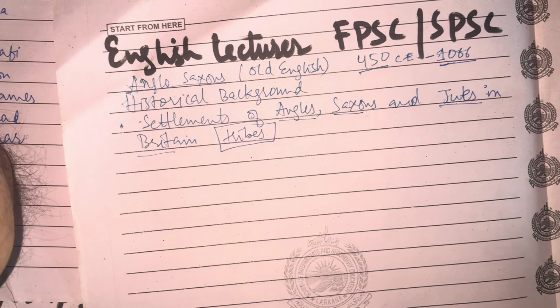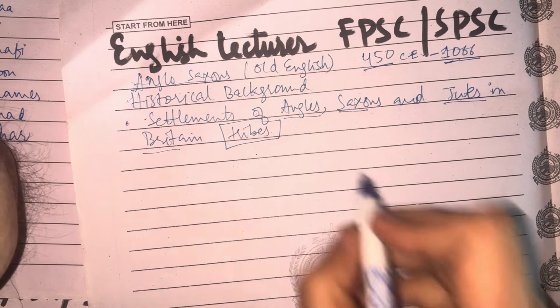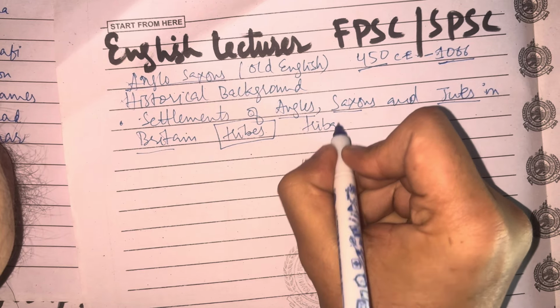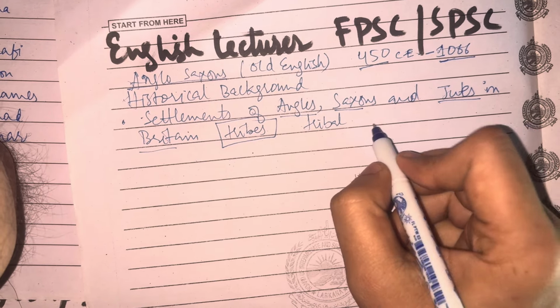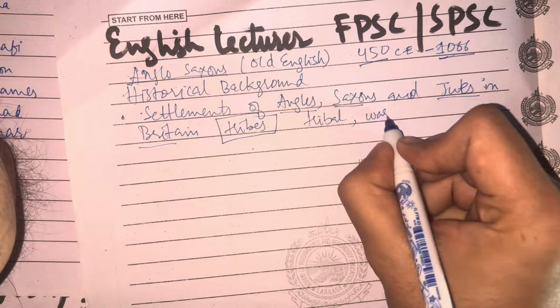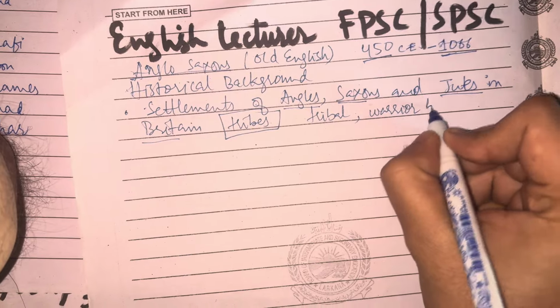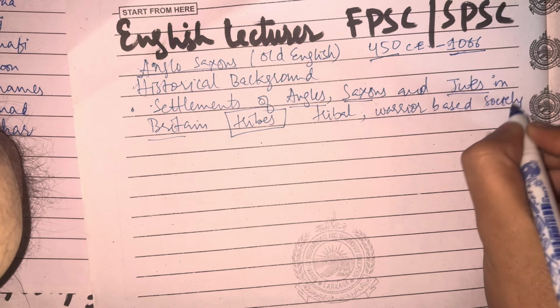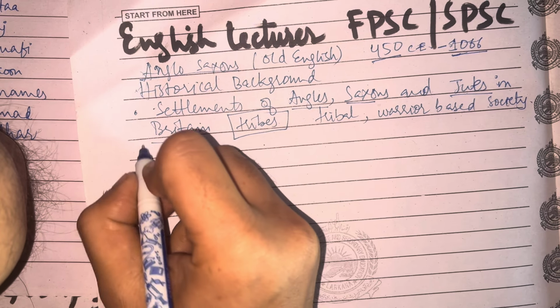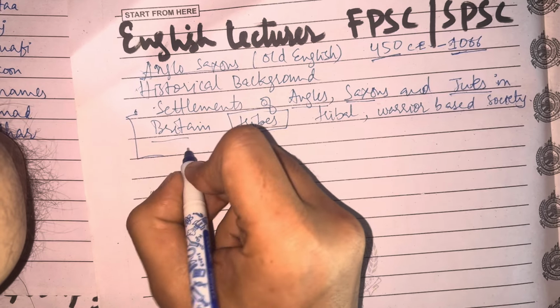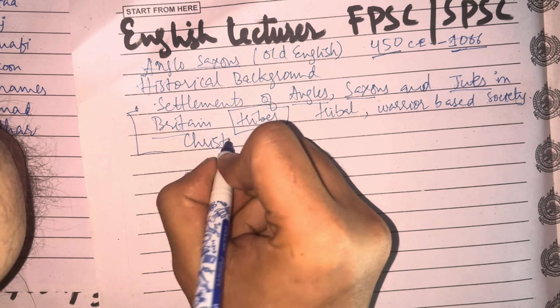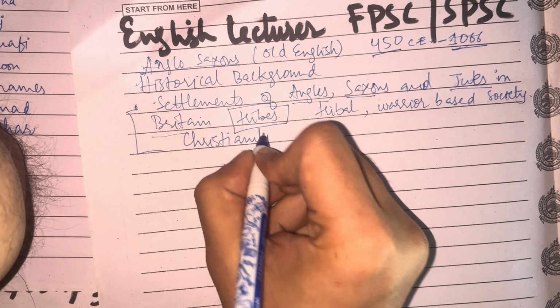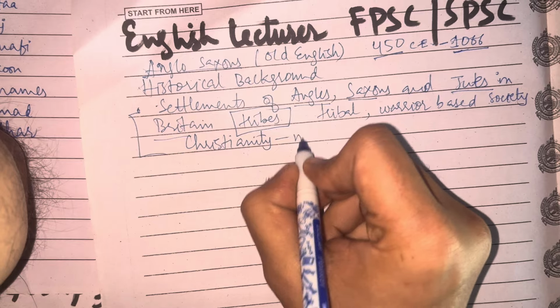The society was mainly tribal and warrior based. The main influence was Christianity.